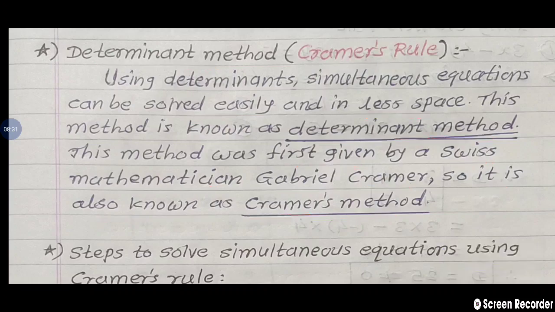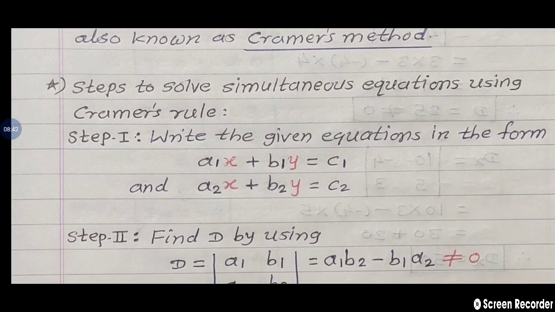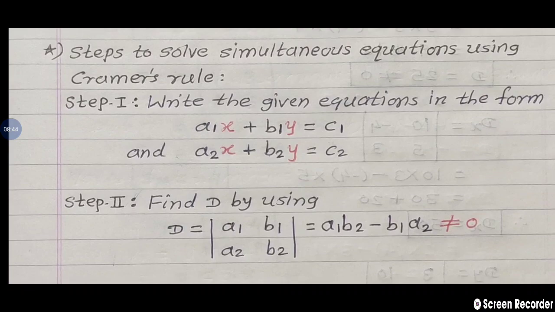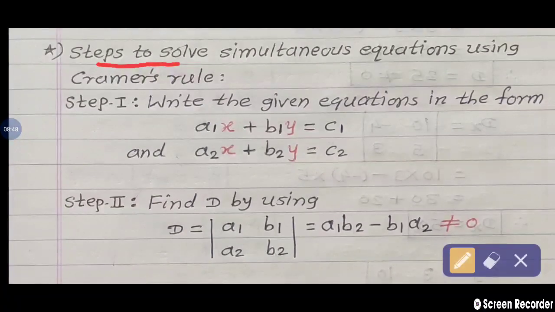Now how to find the answer of the given equations by using this determinant method or Cramer's rule? The steps are given here, so you remember these steps. See what is given: steps to solve simultaneous equations using Cramer's rule.